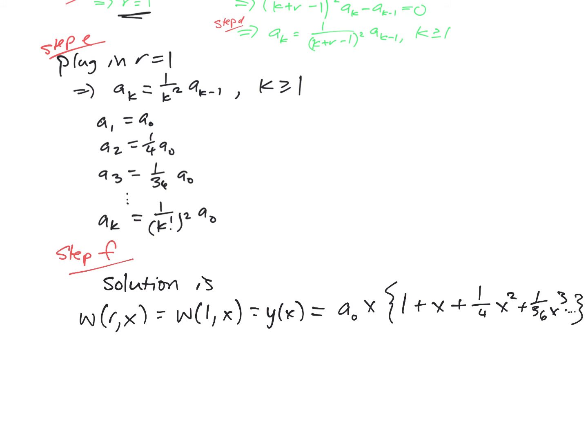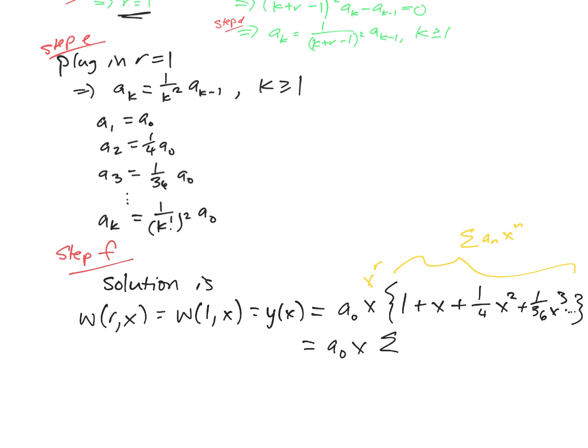And so I wrote it like this because this is our x to the r, and this is our analytic function, the sum of a_n x^n. And so we can then simplify this down and use our recurrence relationship to get our closed form solution, which looks like this.